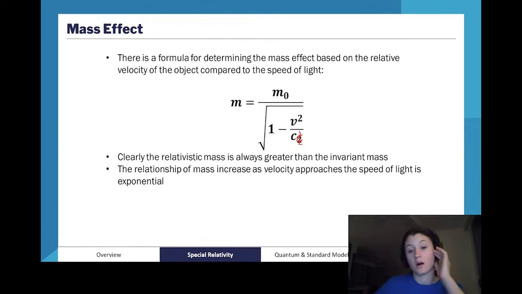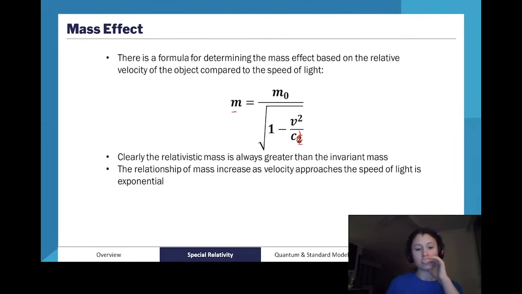when we are dividing here, we are dividing by a number which is making our relativistic mass greater, right?